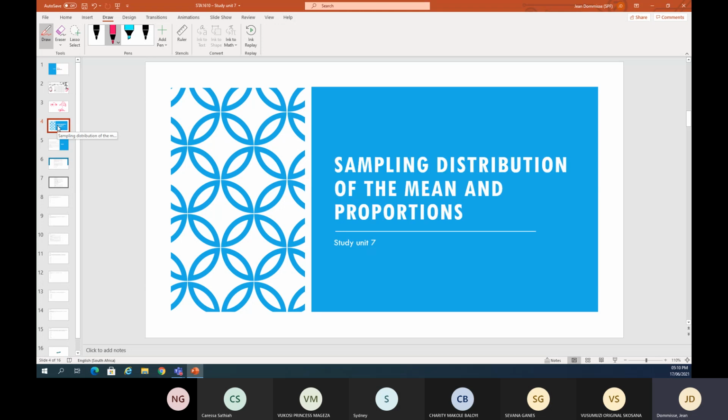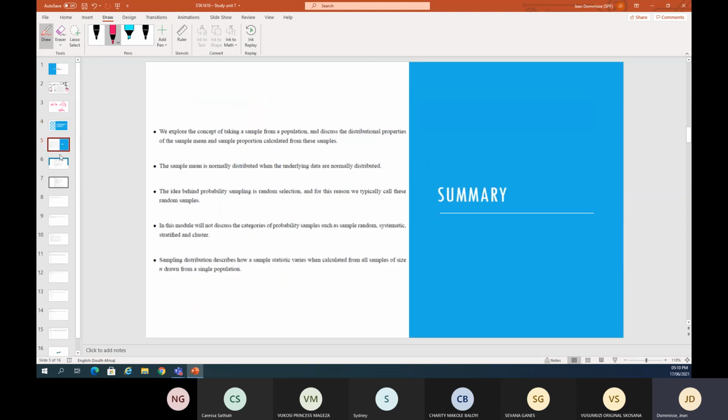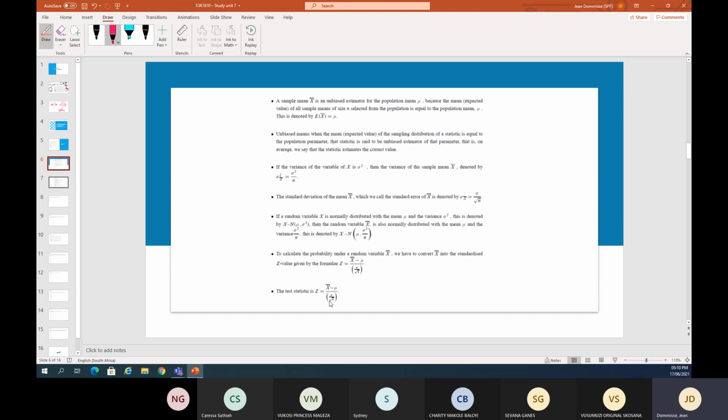The only thing that nearly changes in the way we approach it, if we do the sampling distribution of the mean, is that there is an extra component coming in, and that's just looking at how big the sample is. Remember in study unit 6, we would have said Z is equal to X minus the mean, divided by the standard deviation.